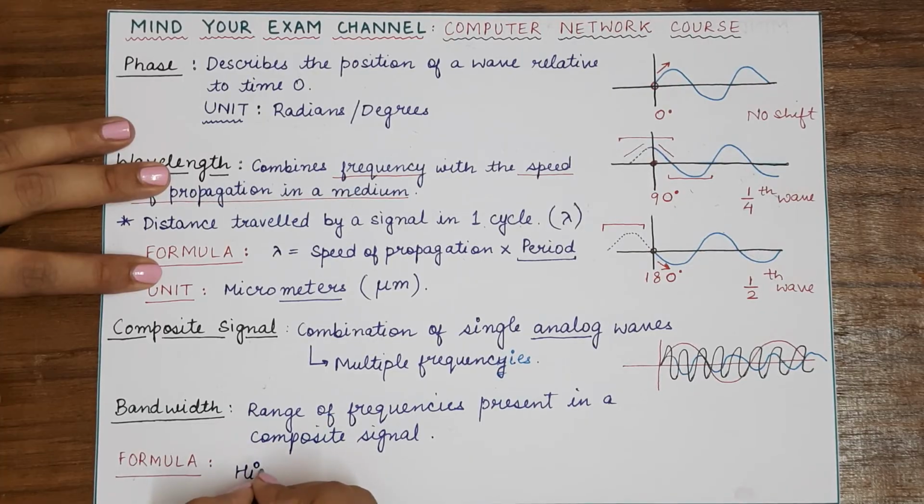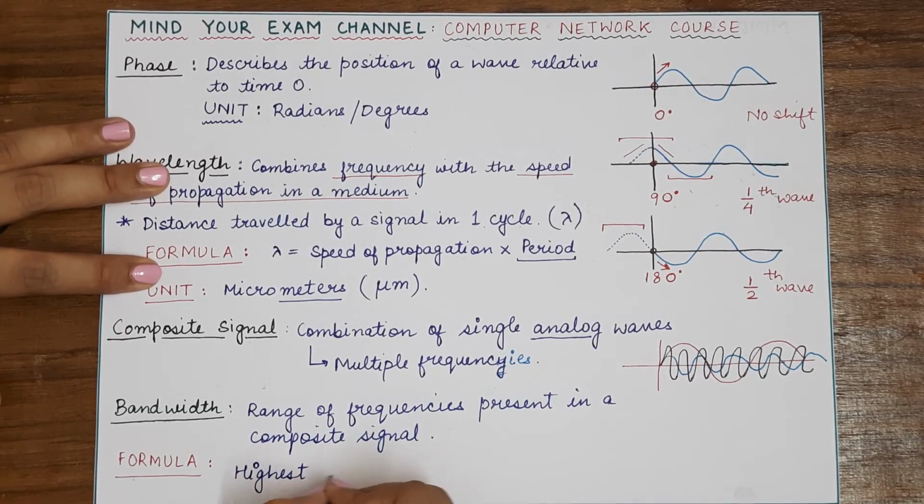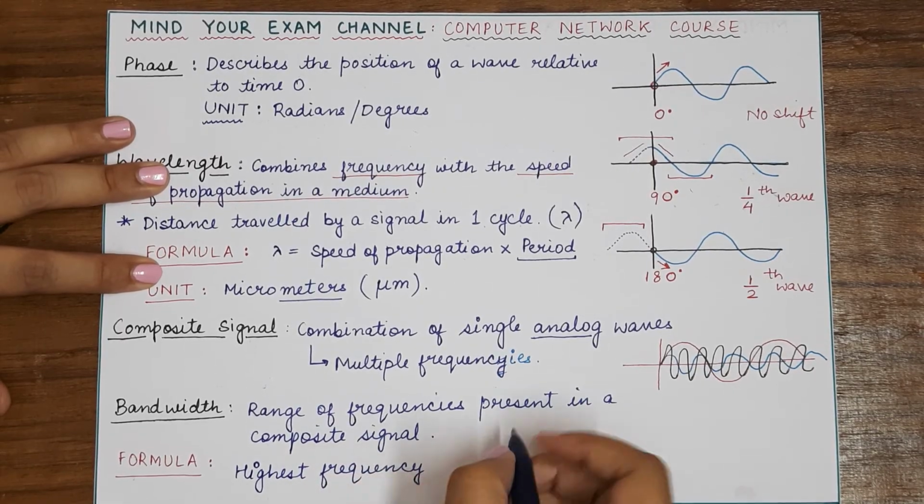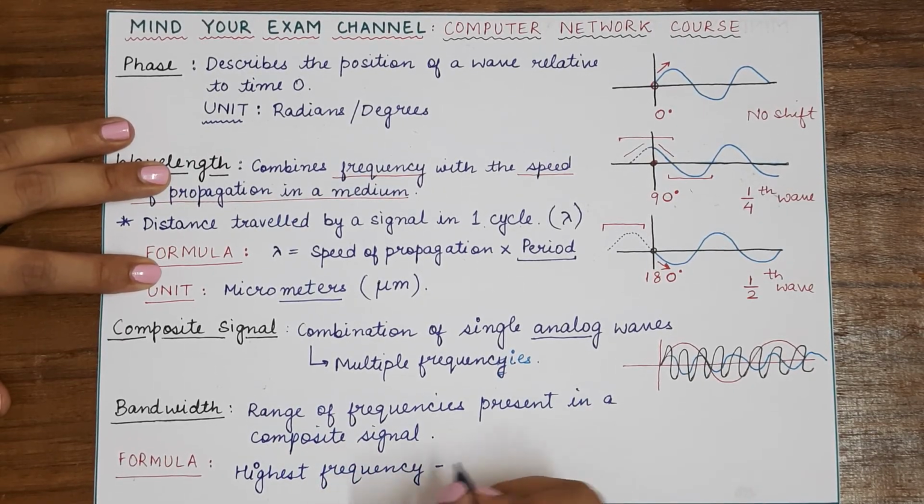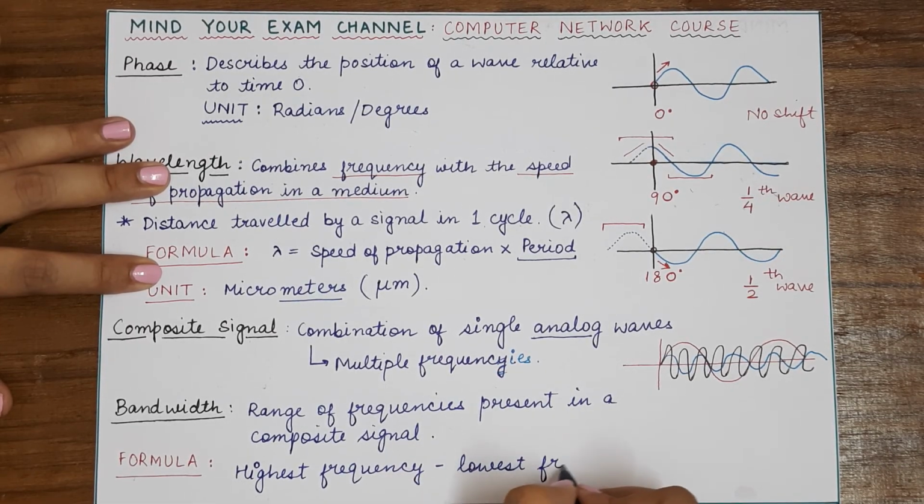Highest frequency minus the lowest frequency. So the signal having the highest frequency and the signal having the lowest frequency will be used for actually calculating the bandwidth.